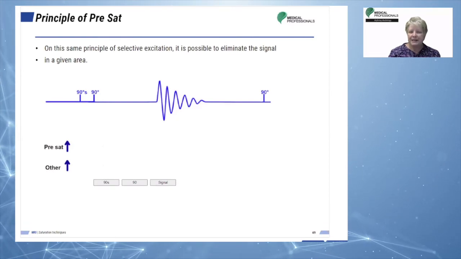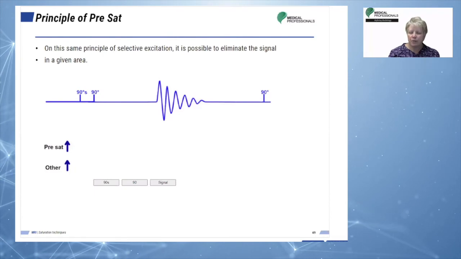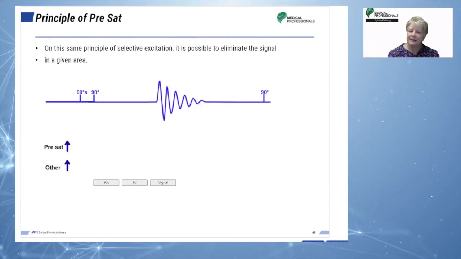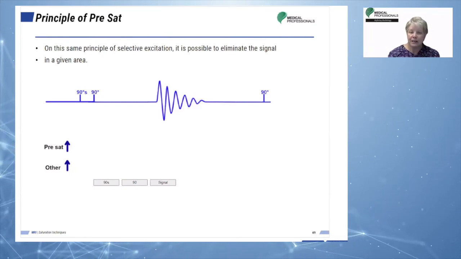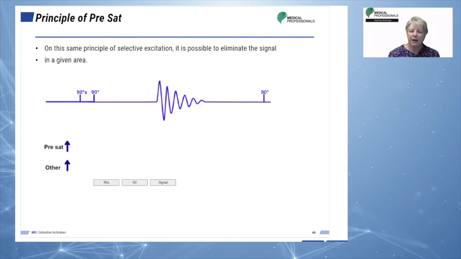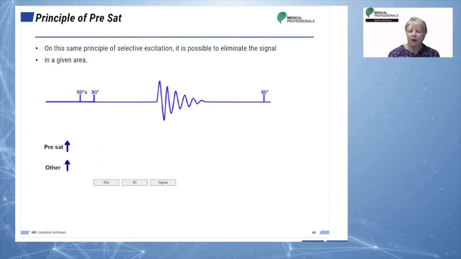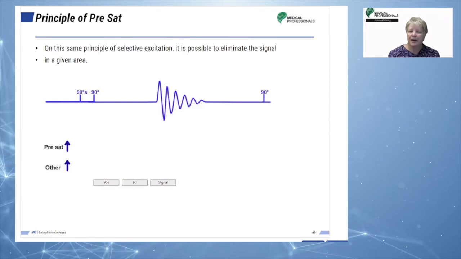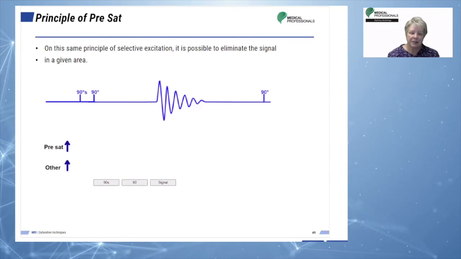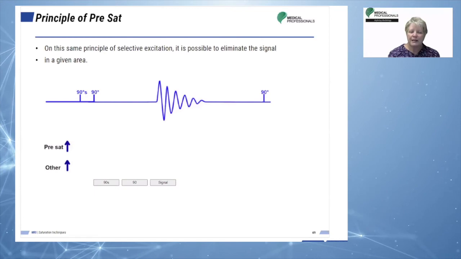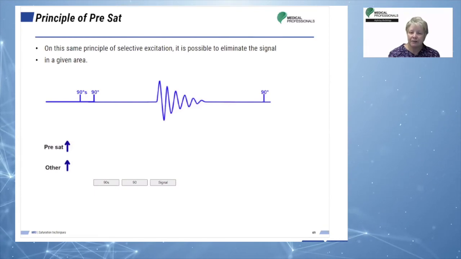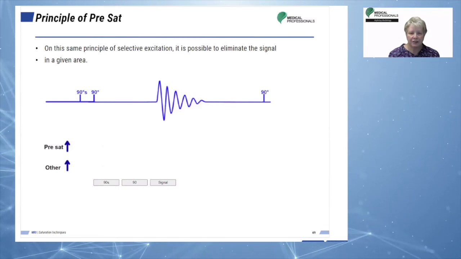We apply a slice selection gradient to make the protons of a precise section of the anatomy resonate. The RF wave applied covers all of the rotational frequencies of the hydrogen protons in that section. All protons in the section are flipped 90 degrees and the others are left untouched.